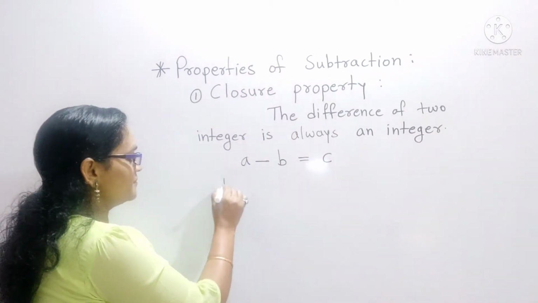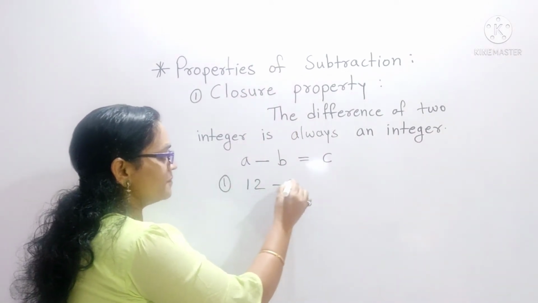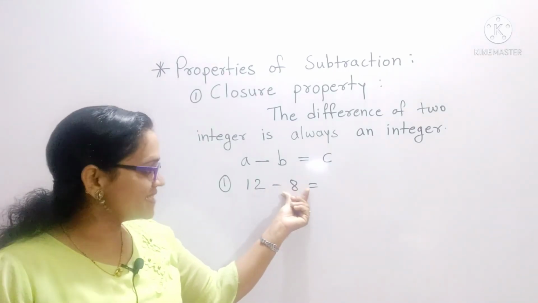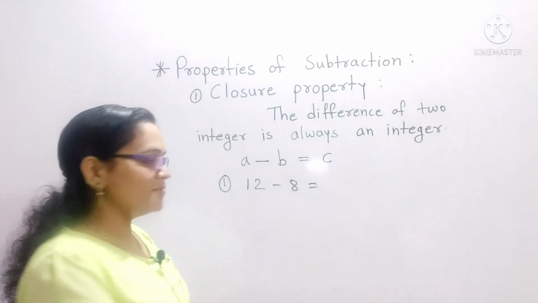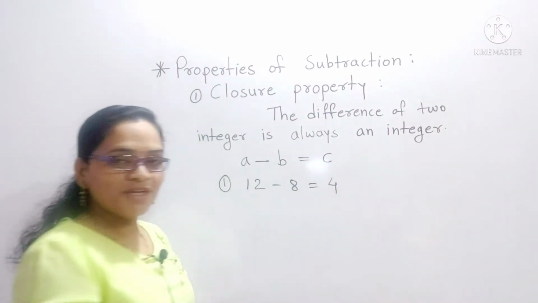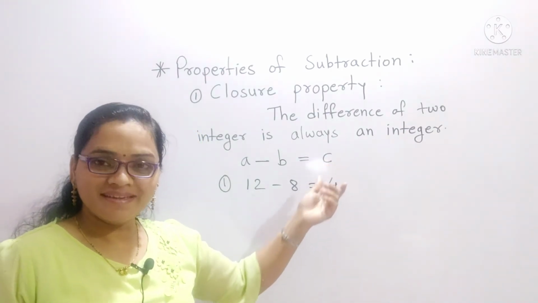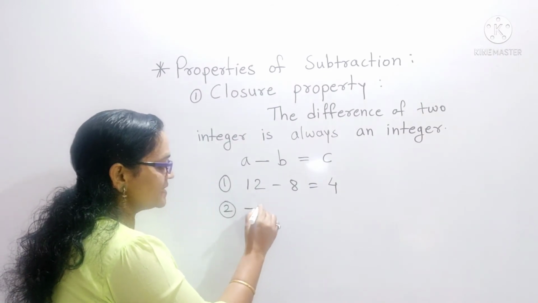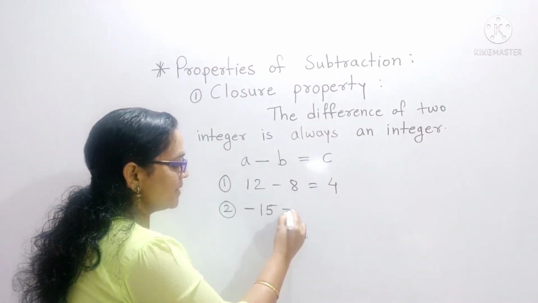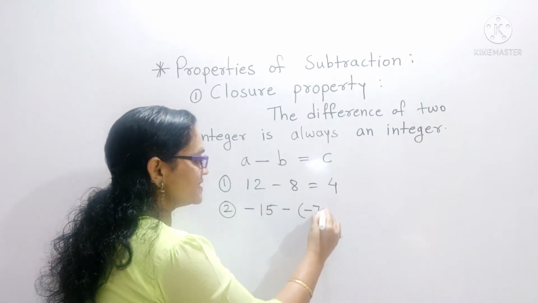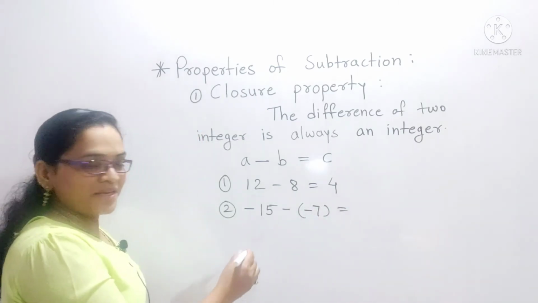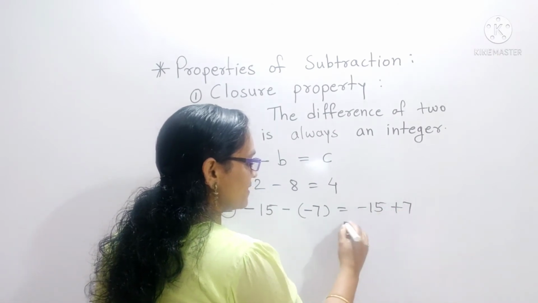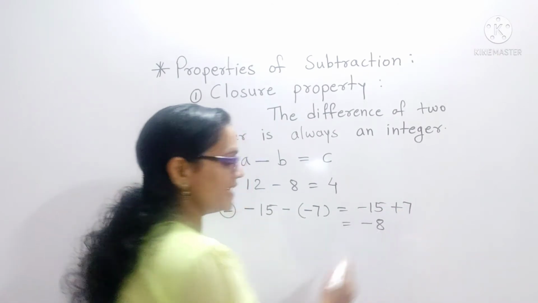See example, first example. 12 minus 8. We know 12 is an integer, 8 is an integer, and the difference 12 minus 8 is 4. This is also an integer. Second example. Minus 15 minus 7 is equal to minus 15 plus 7 is equal to minus 8.